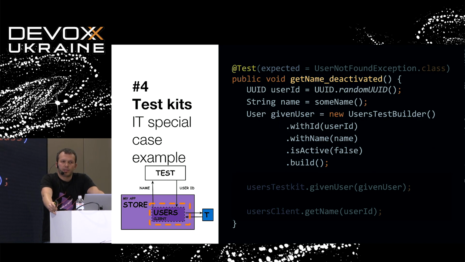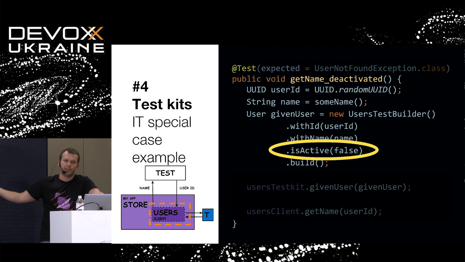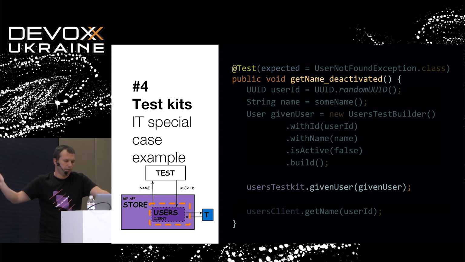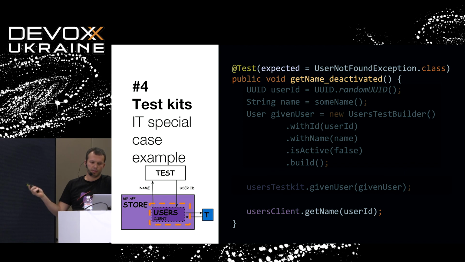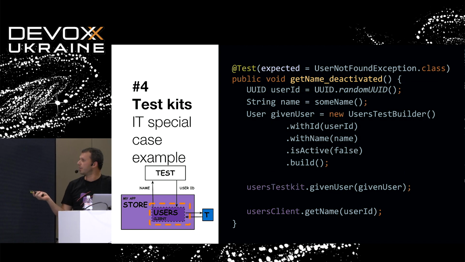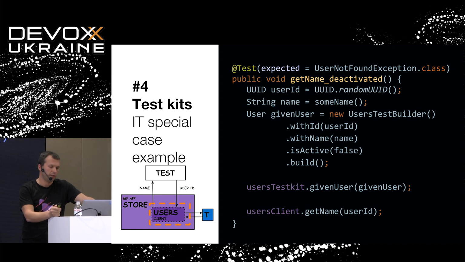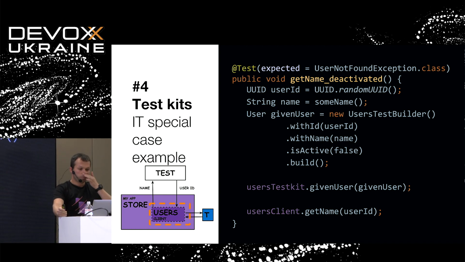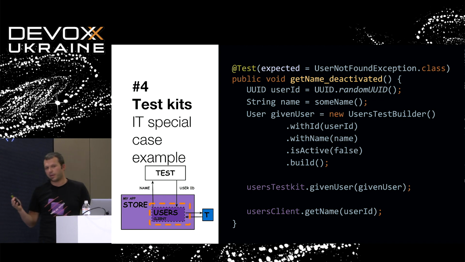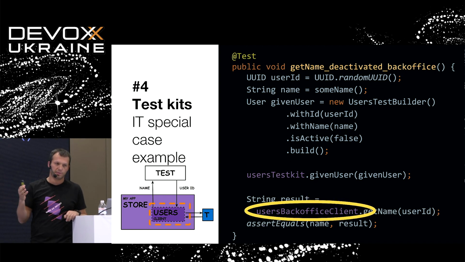Also, we can test special cases. For example, this one. So we can set is active false, and then we say given user. And when we get the name, we expect to get the exception. Now we know that there is also a back office API that should respond to this. We want to test it.